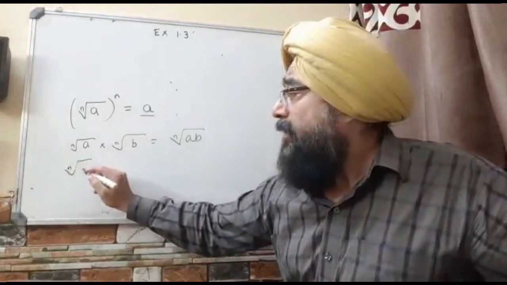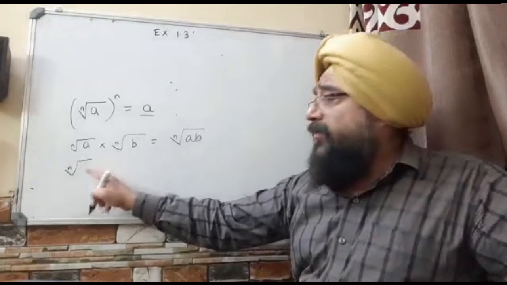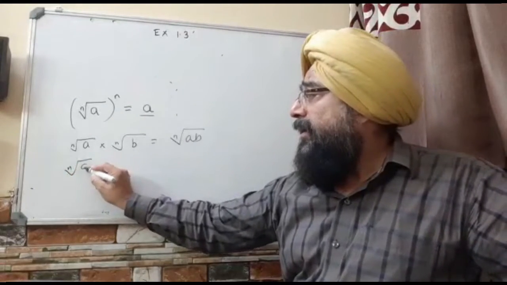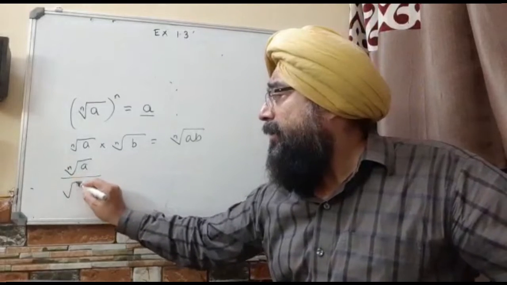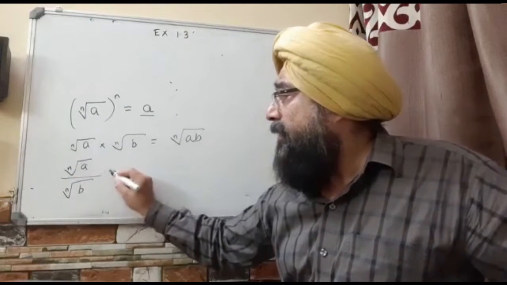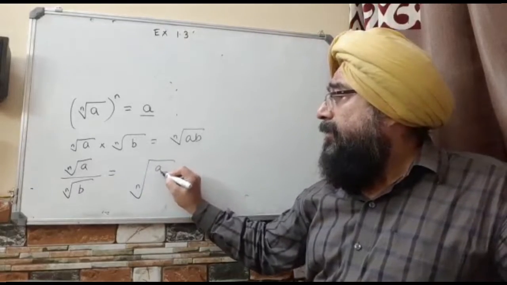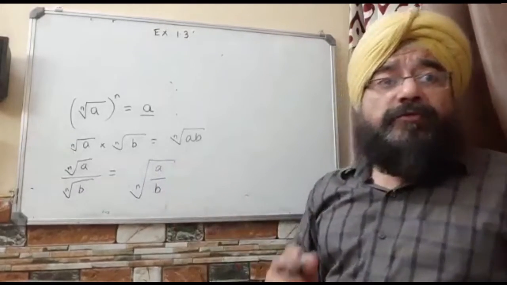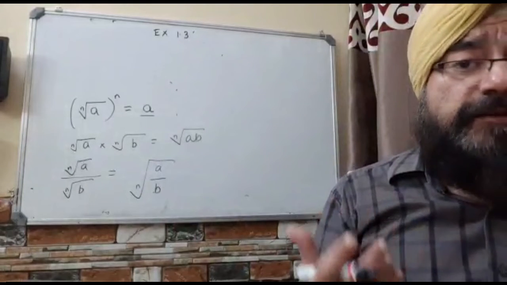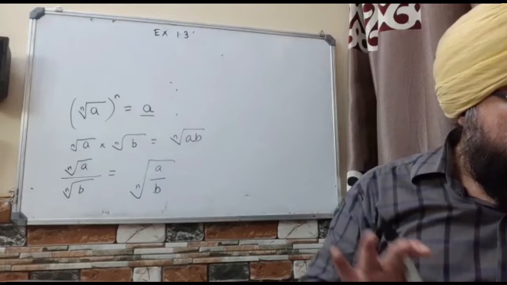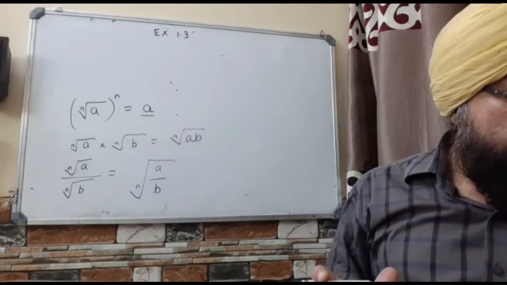This is also called an umbrella, so n must be written in the handle of the umbrella. Then it can be termed as nth root of a over b. So these were the three laws which we did for surds.